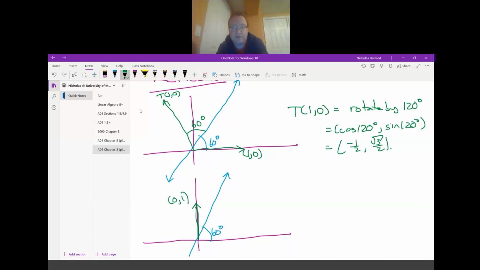Where's T of 0, 1 going to go? Not the fourth quadrant.